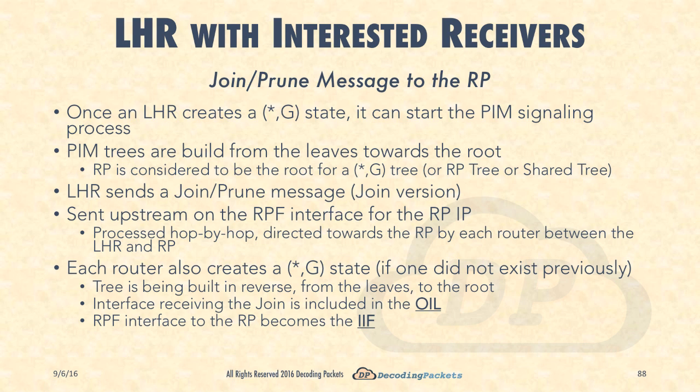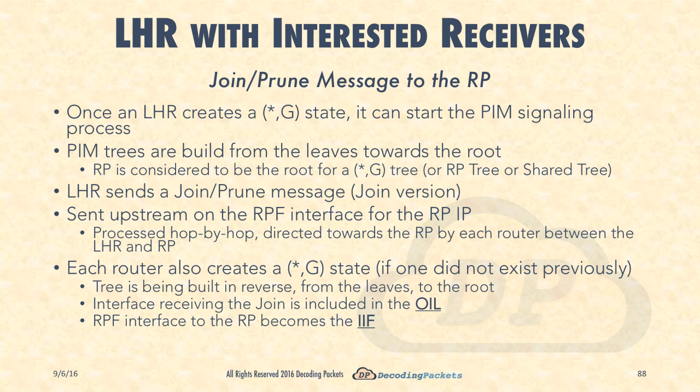So the very first point here is, let's connect the LHR to the RP. And how do you do that? Well, for those who have already been through the PIM Dense Mode lecture, there is that join prune message. For those who haven't, just think of a message that the LHR is going to send to the RP. So the LHR has this star, G state. And that's where it all starts.